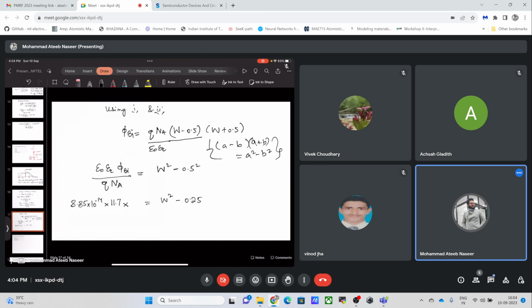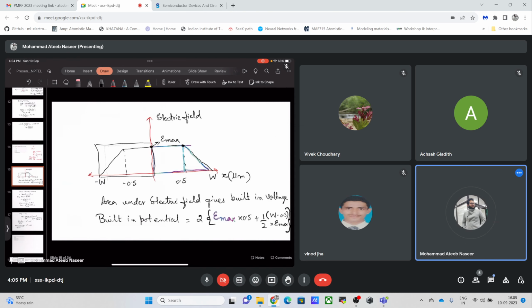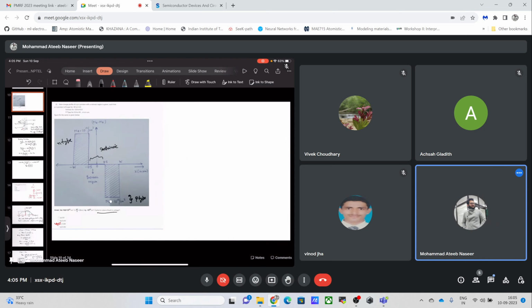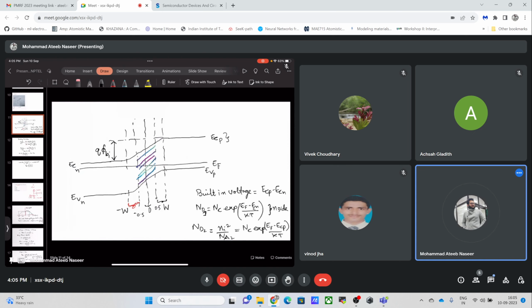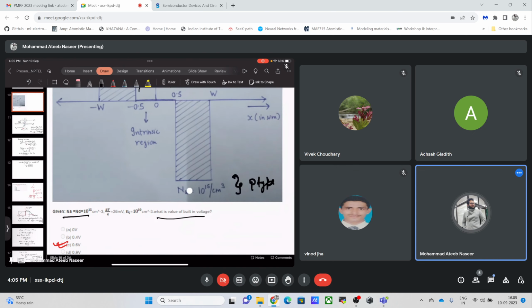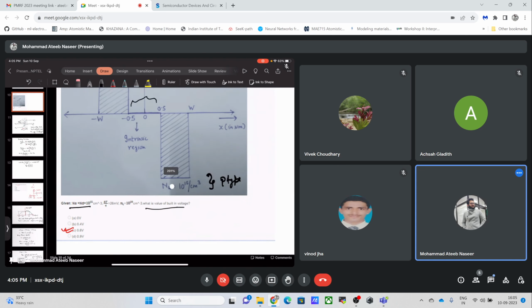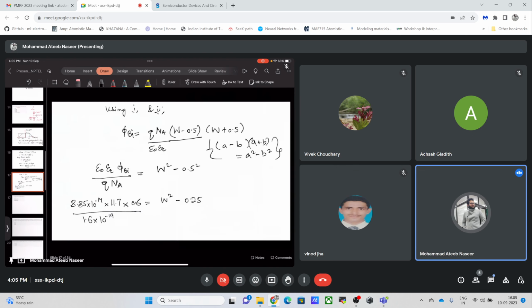So phi bi is 0.6, q is 1.6 into 10 raised to the power minus 19, and Na is simply equal to 10 to the power of 15. Basically, let us solve this. It is quite lengthy and I'm not able to solve this, but let us solve this.